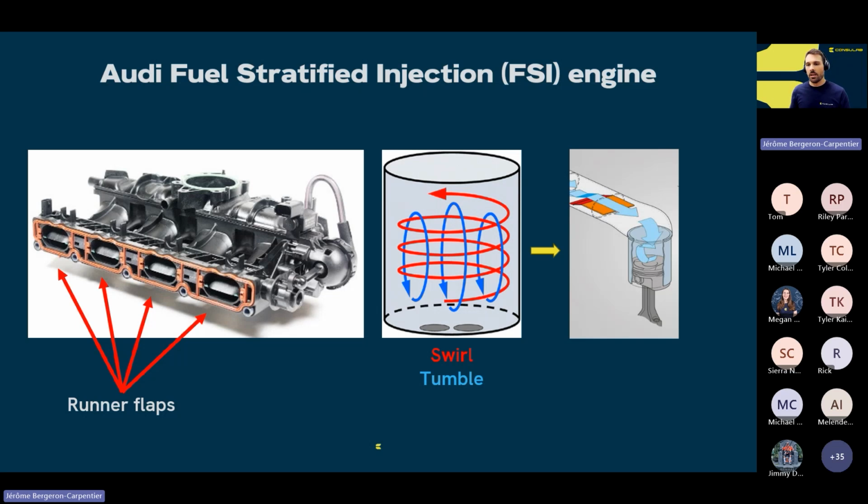So during that compression, we're going to redirect all the fuel close to that spark plug without necessarily having that different piston shape. Just by modulating the airflow inside the chamber, we can manage to redirect everything close to that spark plug.